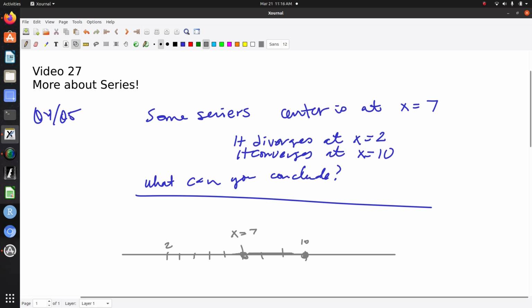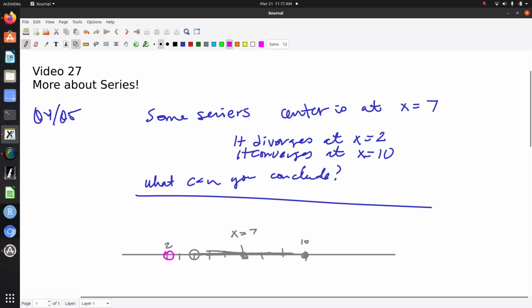So it has to extend at least 3 over in this direction, but the endpoint may not be included. So even though you know the radius has to be within a certain bound, you don't know for sure when you get to the other side whether you're going to get convergence on that outer edge or not. Okay, but we know it diverges at 2.